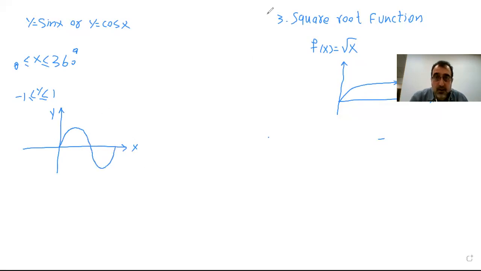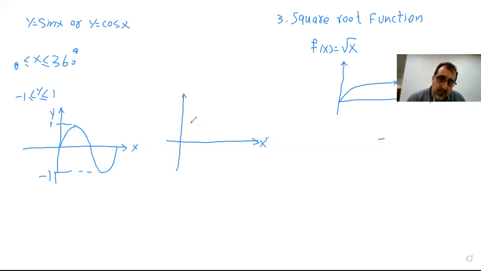Let me have a better graph for you. Here 1, here -1. And for cosine x, for one period, you will have this function. This is y equals cosine x.